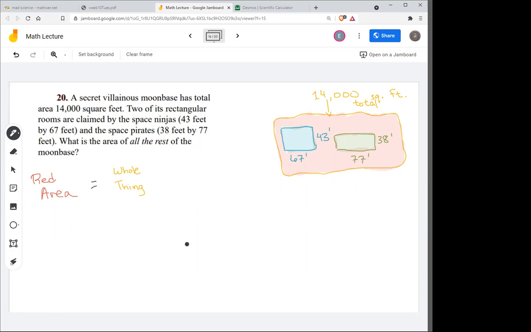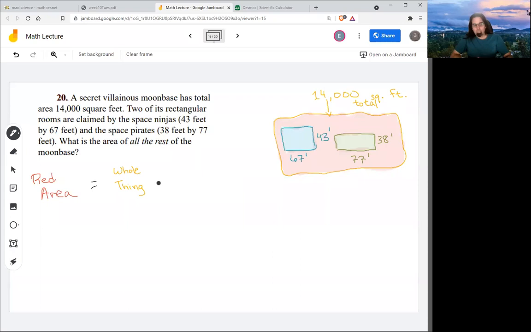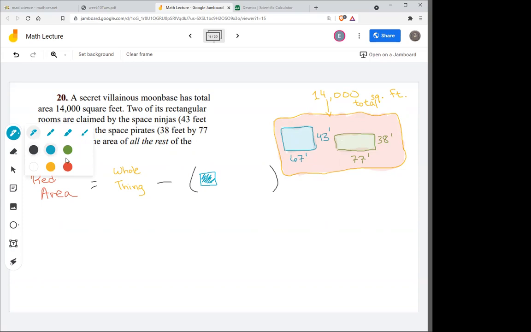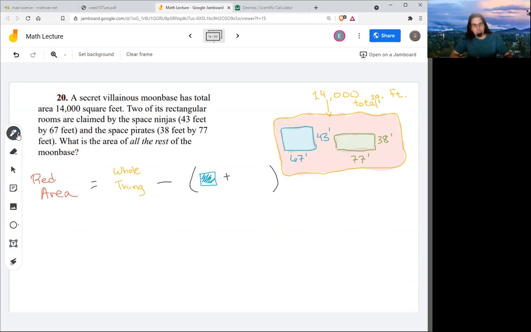Would you add both those areas together and subtract them from the whole thing? Sure, I could subtract them separately, or I could add them together first and subtract the whole thing. Either way works. So I take the blue one and the green one together, and then I take all that away from the whole thing. Everyone okay with my plan? Yeah.